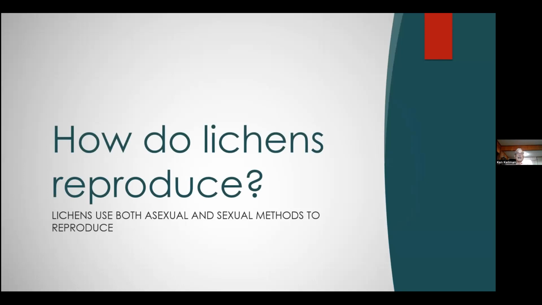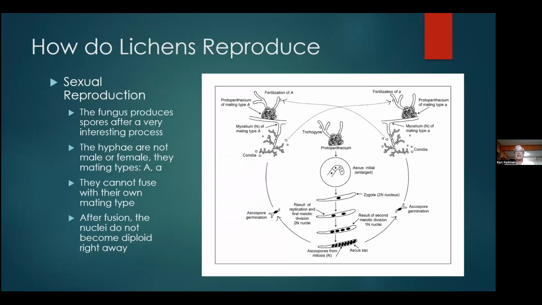So, how do lichens reproduce? Lichens use both sexual and asexual means of reproduction. So let's look at the sexual side first. Fungi are the only ones of the partnerships that use sexual reproduction.